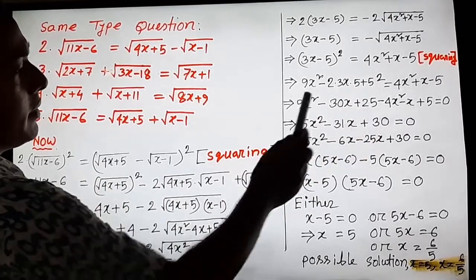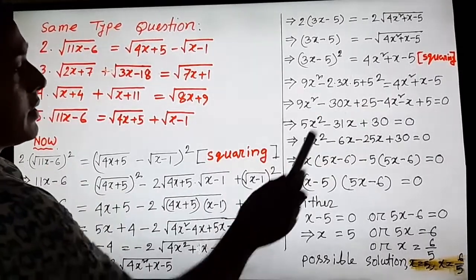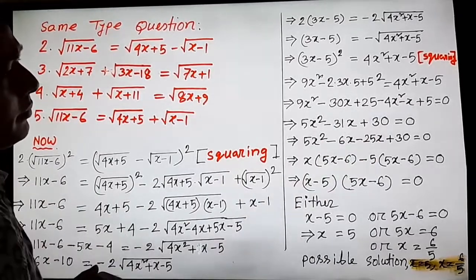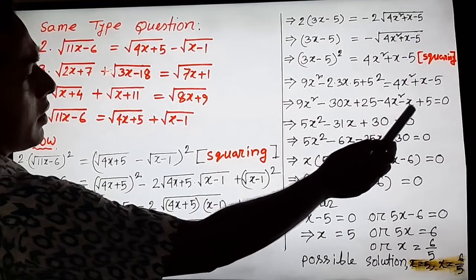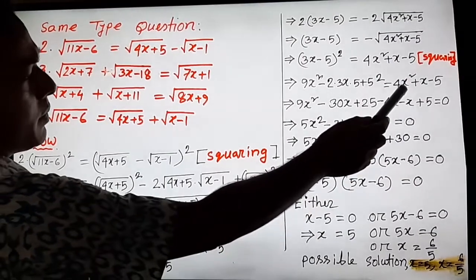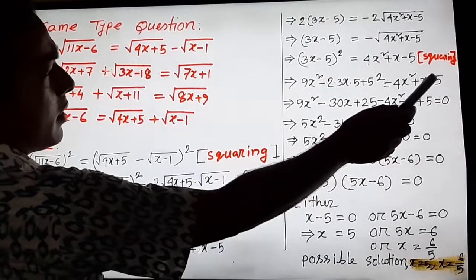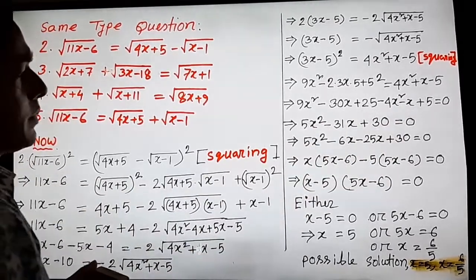On the right hand side, the term is not changed, and the left hand side and right hand side convert into the left hand side. So plus 4x square, it will be minus, plus x, it will be minus x, minus 5, it will be plus 5.